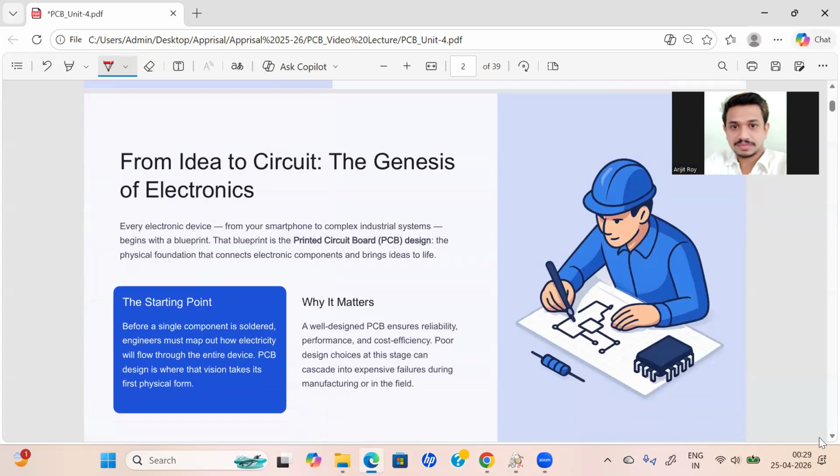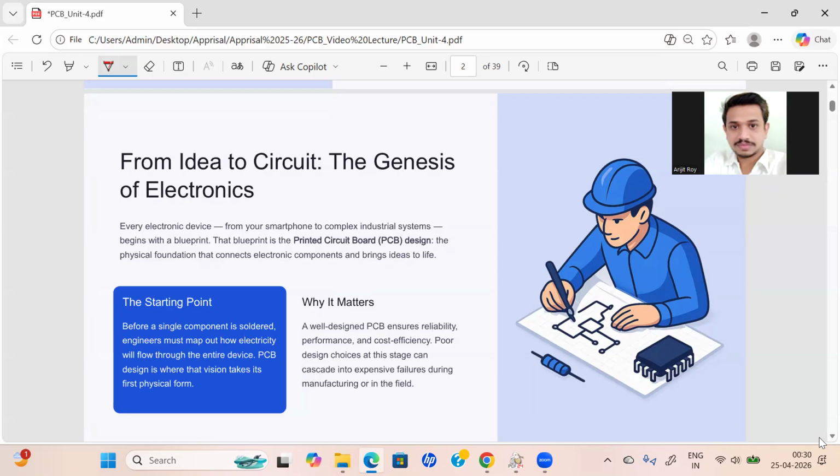First of all, we have to find an idea for the circuit and convert it into a PCB. Every electronic device, from your smartphone to a complex industrial system, begins with a blueprint. That means first we need to design the circuit or plan the idea.